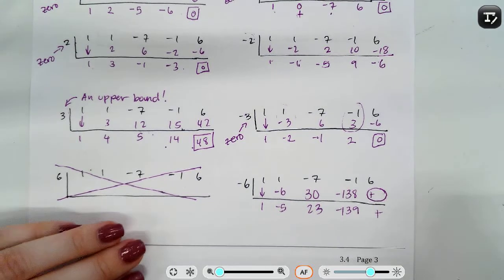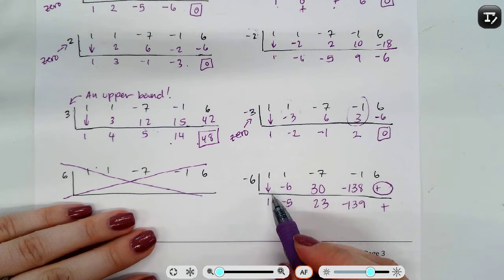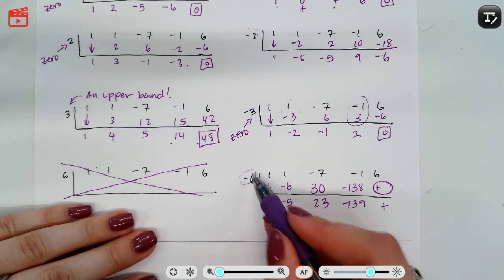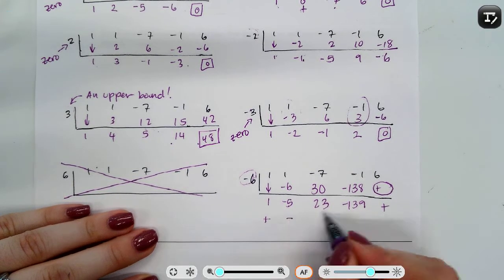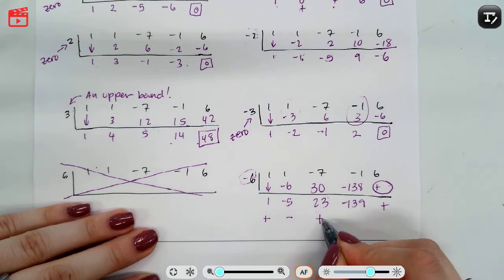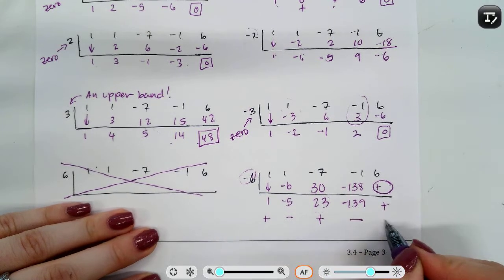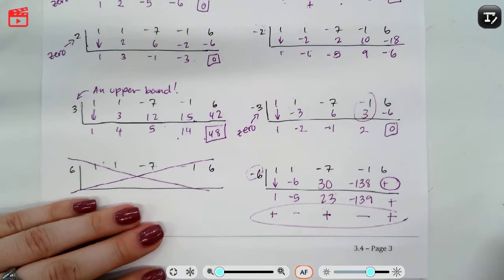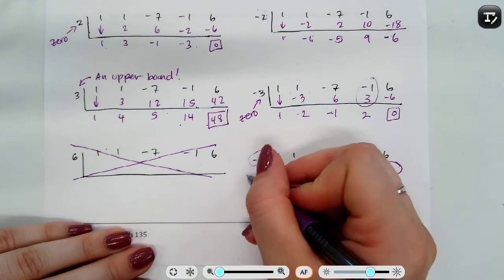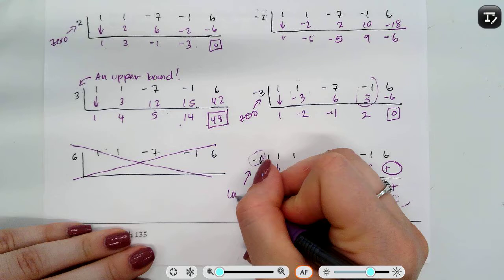And notice, look at the signs. Here's my negative. Are they alternating? That's a positive, that's a negative, 23 is a positive, -139 is a negative, and my last number I knew was going to be a positive. Those signs are alternating, which means -6 is a lower bound.